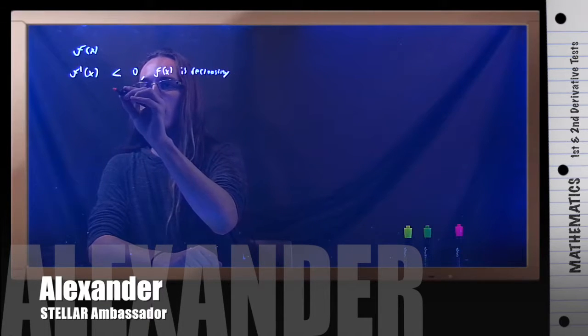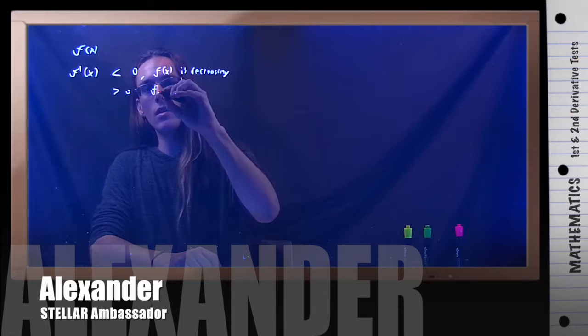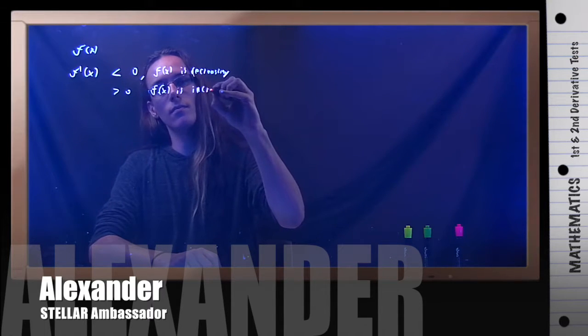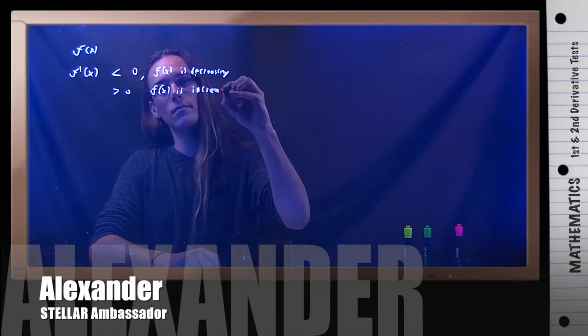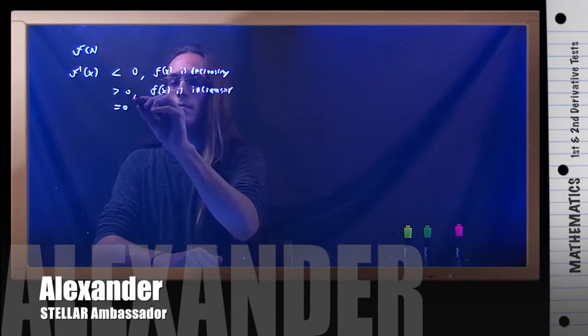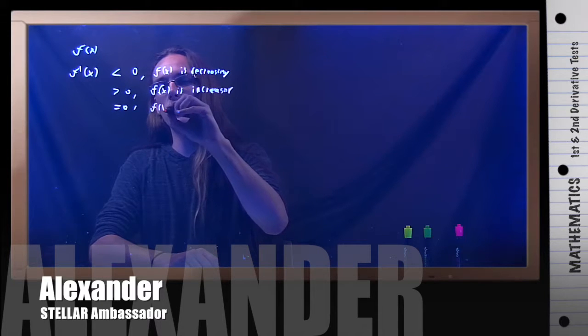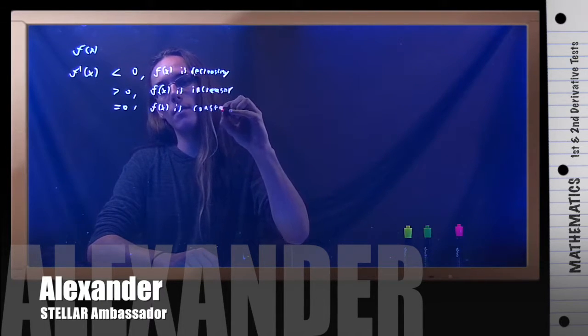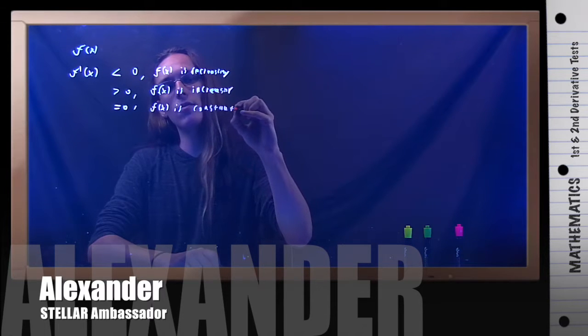If f prime of x is greater than 0, then f of x is increasing, positive slope. And wherever f prime of x equals 0, my function is constant, which could mean that we change direction.